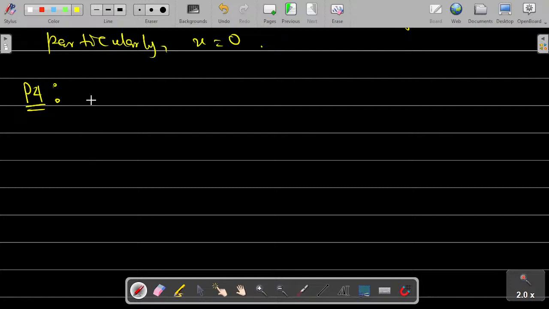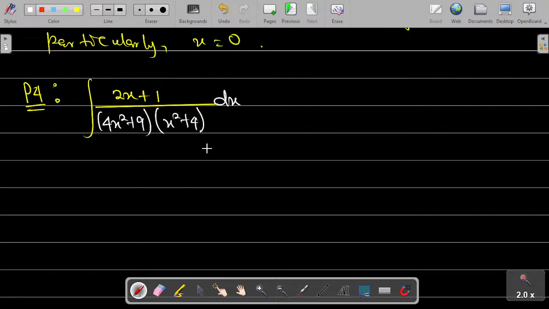Here we are given the integral of 2x plus 1 all over 4x squared plus 9, into x squared plus 4, all integrated with respect to x.